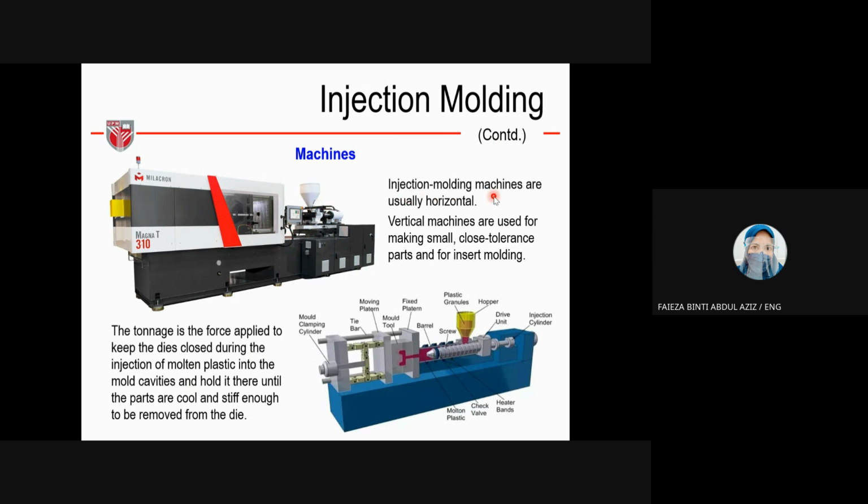Injection molding machines are usually horizontal, but we still also have vertical ones. You can see here the hopper and the screws. They inject here, and this is the mold tool, this is the moving pattern, and this is the drive unit of the screw.